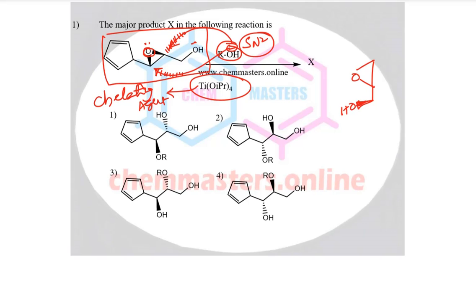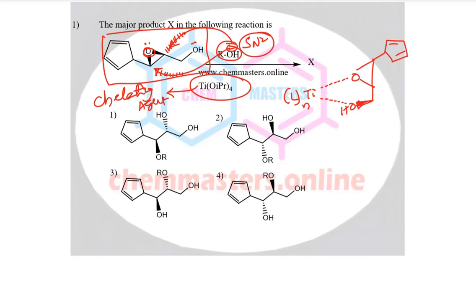Okay, right, and then titanium interacts with the lone pairs of electrons on the epoxy oxygen and the hydroxy oxygen. So here are the ligands of titanium. Okay, so due to this chelation, on the other side we have a 5-membered ring.